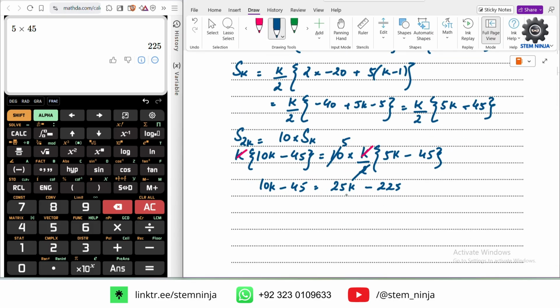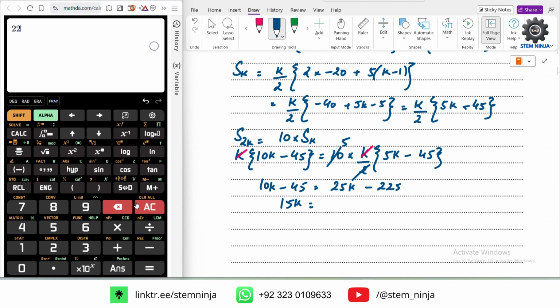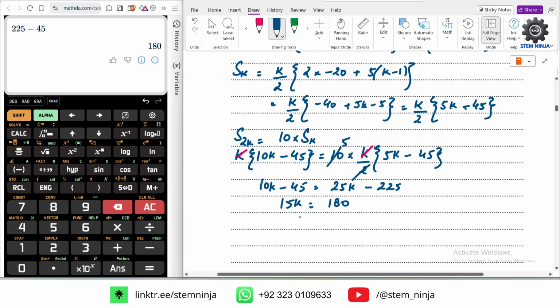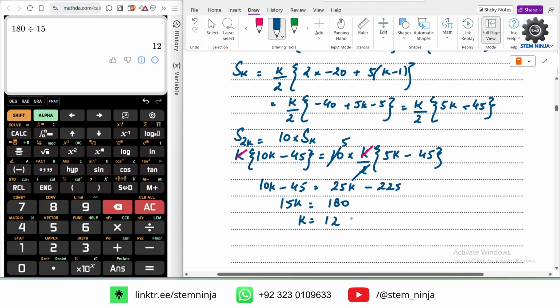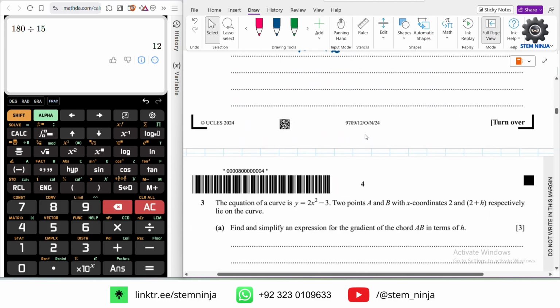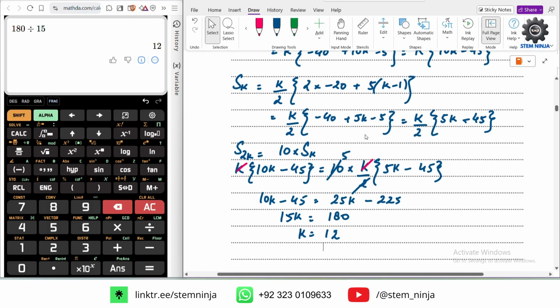Okay, alright, so 25 minus 10, 15k, and 225 minus 45, 180. So k is 180 divided by 15, so therefore it's 12. Okay, and that's it for this question. Let's move on to the next one.